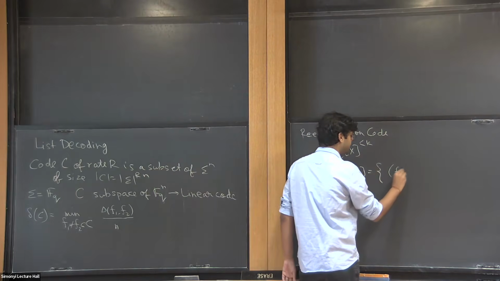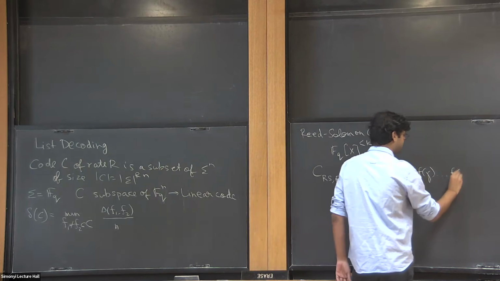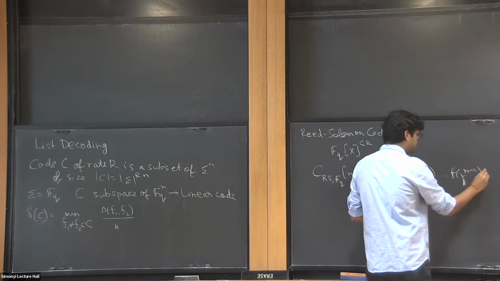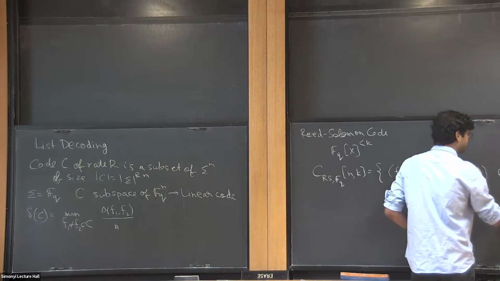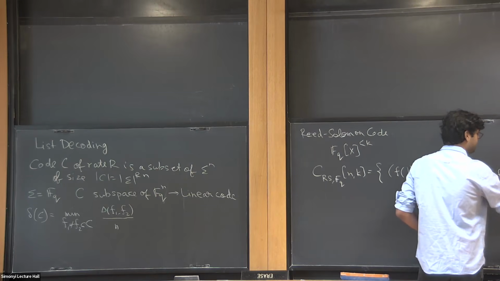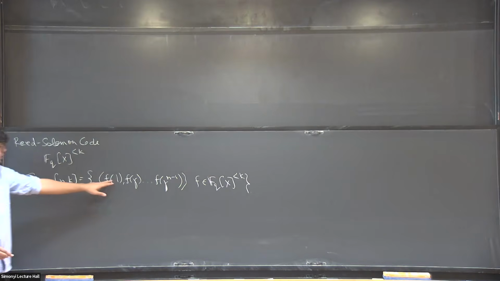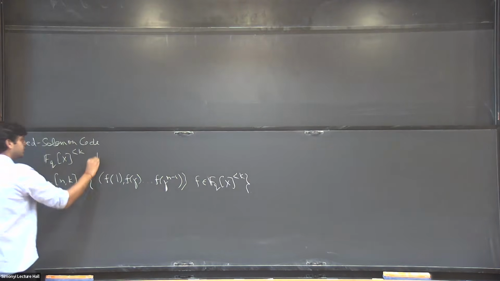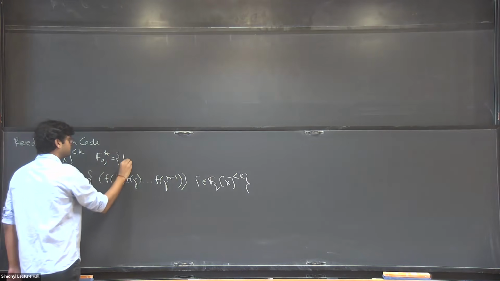This is simply the polynomial f evaluated on n distinct points, where I'm choosing the distinct points to be 1, gamma, gamma squared, up to gamma to the n minus 1. So gamma is just the generator of F_q star.